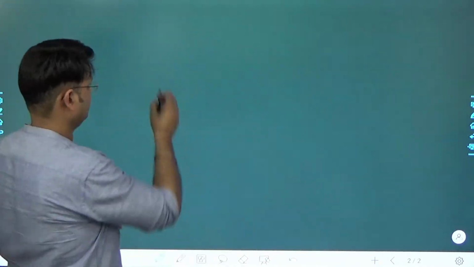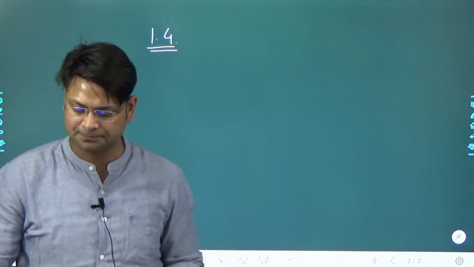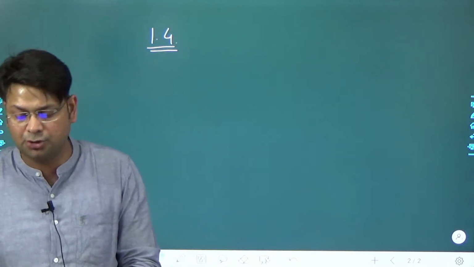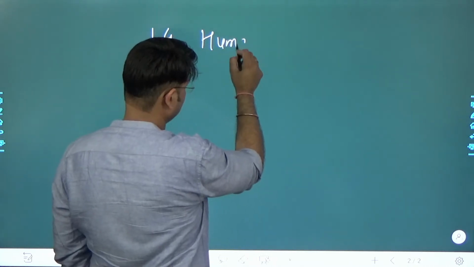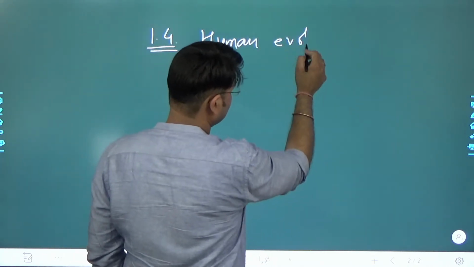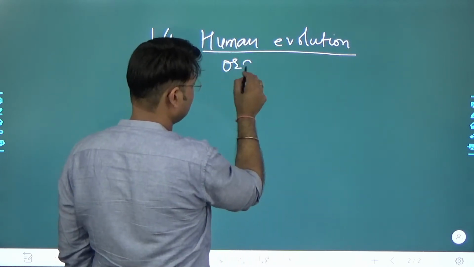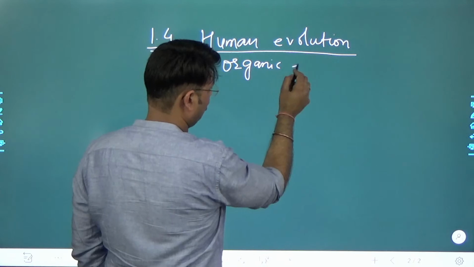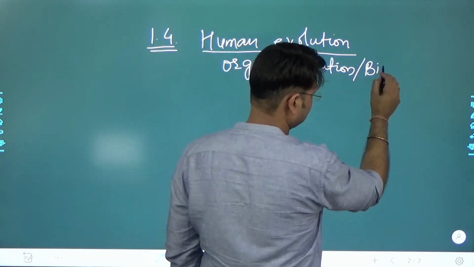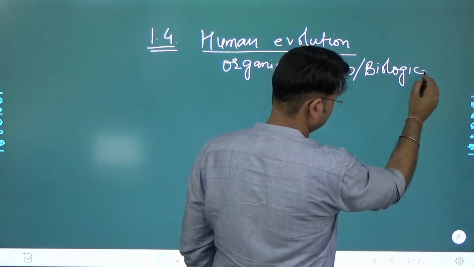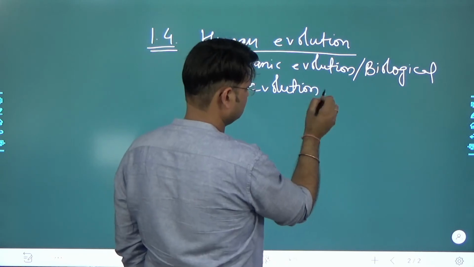Then in unit 1.4, basically we have human evolution and emergence of men, right? Here we will try to understand the biological aspect, organic evolution, or you can say biological evolution. How humans evolved, right?